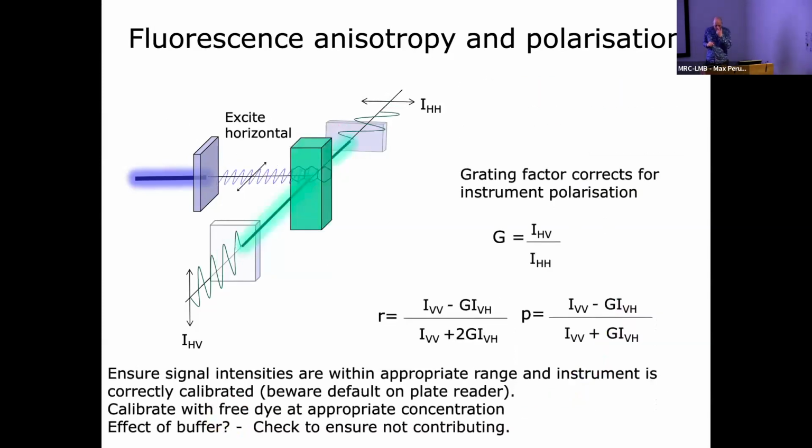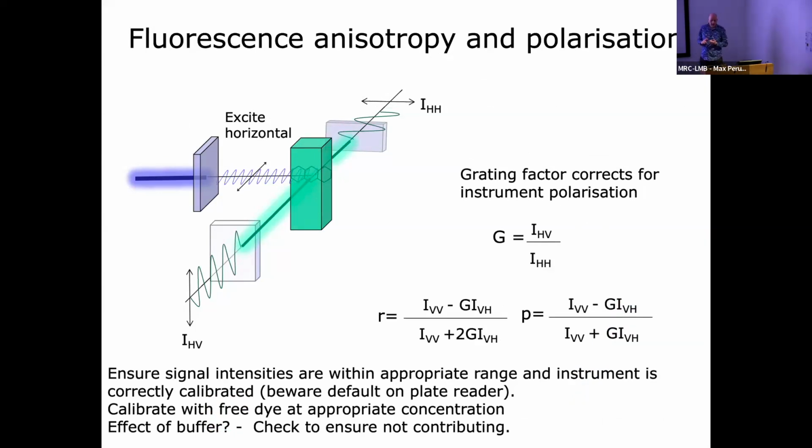Also, you have to take into account, if you're using a plate reader, the grating factor. The actual polarizers may not be perfect, so you might have to adjust the intensity of the light, and the plate reader does that automatically for you.